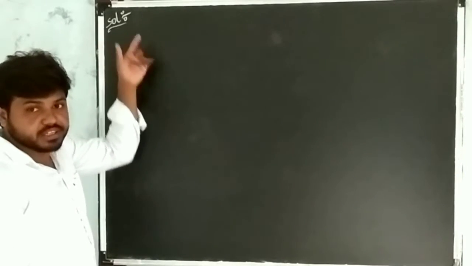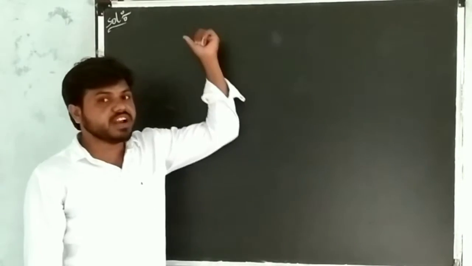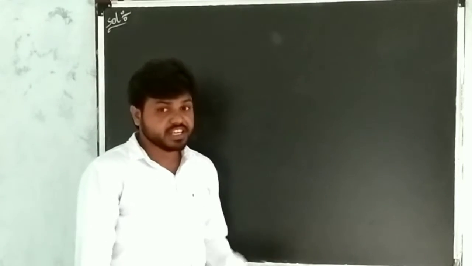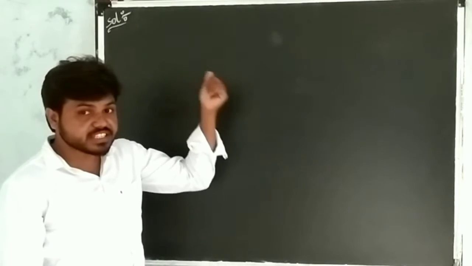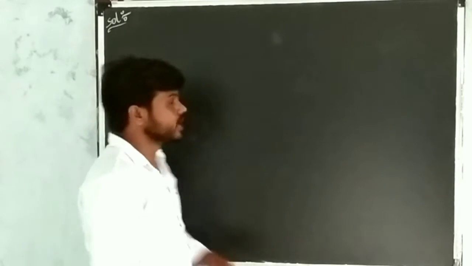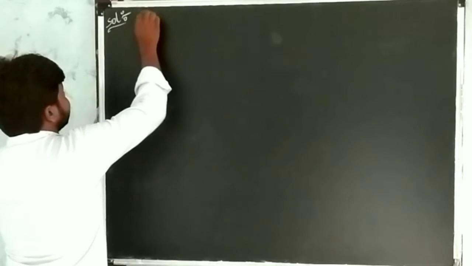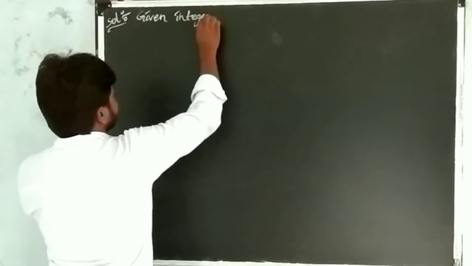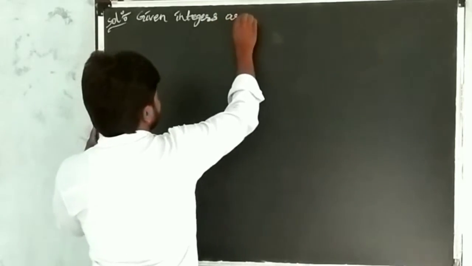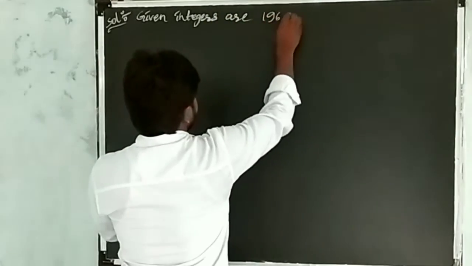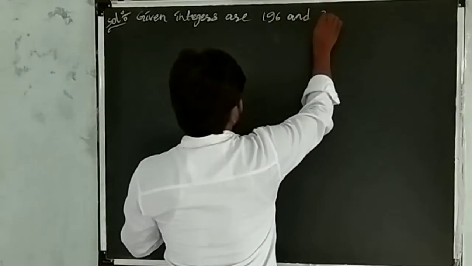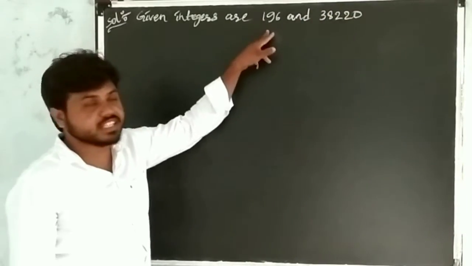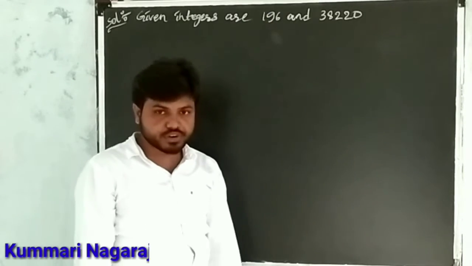Now the solution. Given integers are 196 and 38,220.